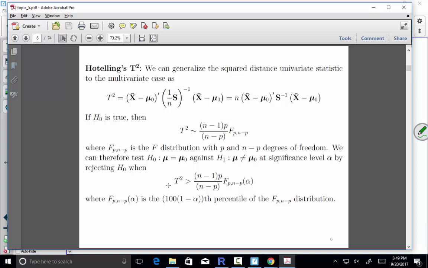Big enough is answered like we did in the t case. This is called a critical value. Up here, this is just F with p and n minus p degrees of freedom. Down here, it's F p, n minus p, with alpha in parentheses.